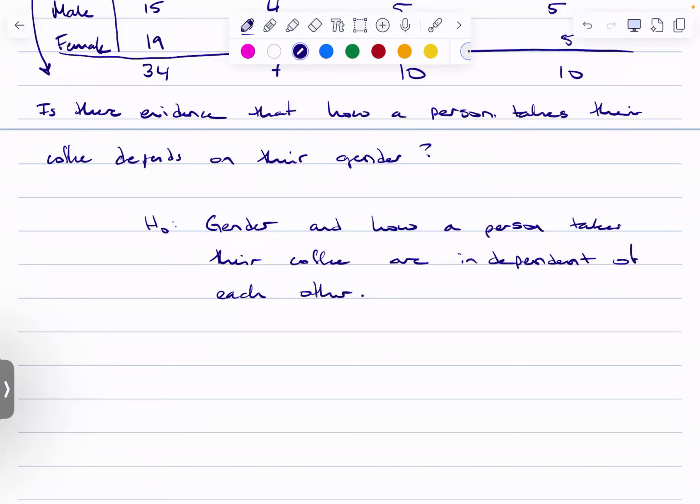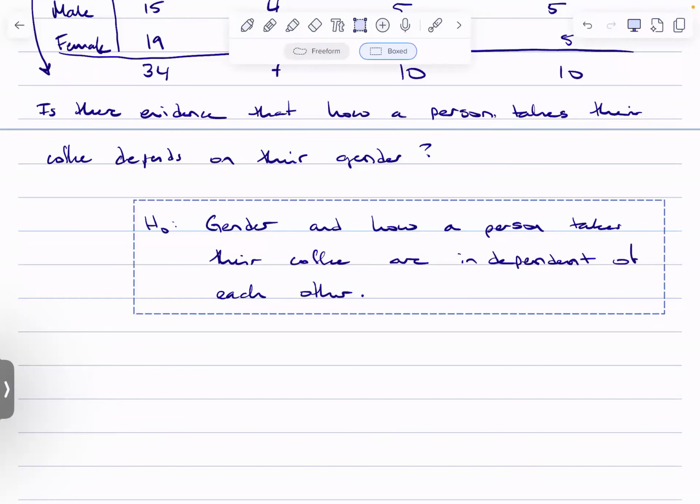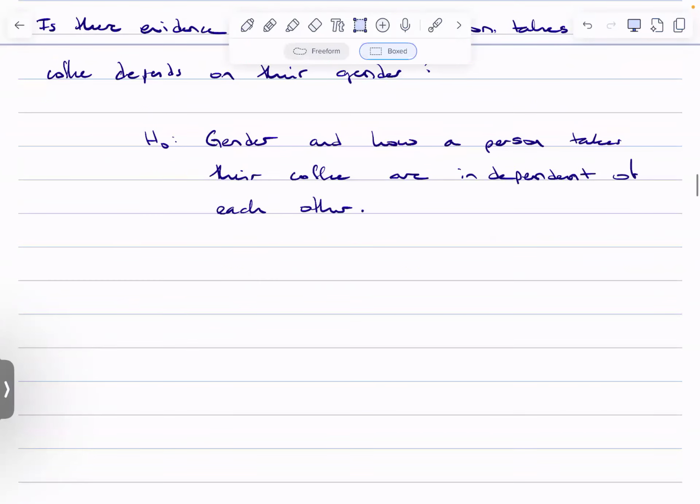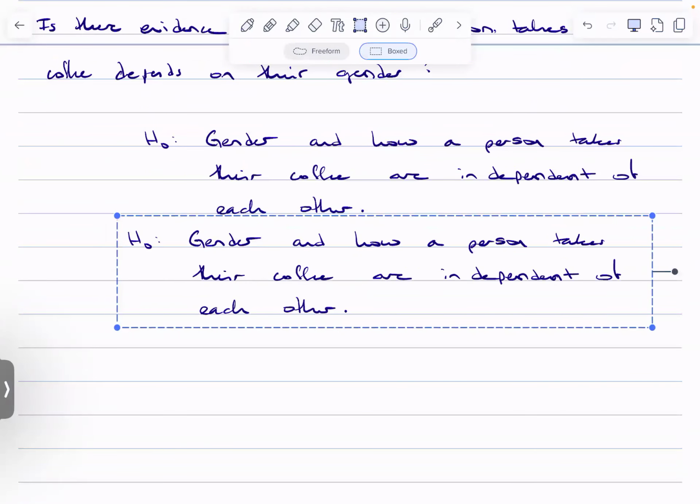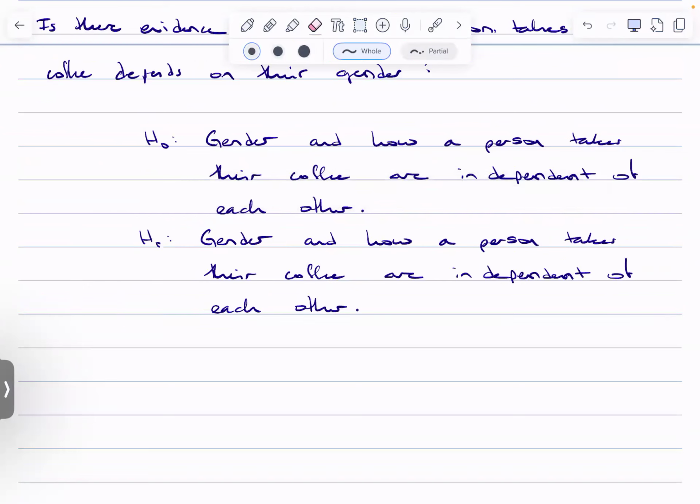And again, the alternative is just going to be that they are not independent of each other, just like before for the chi-squared. So for my alternative, gender and how a person takes their coffee are not independent of each other. Okay.